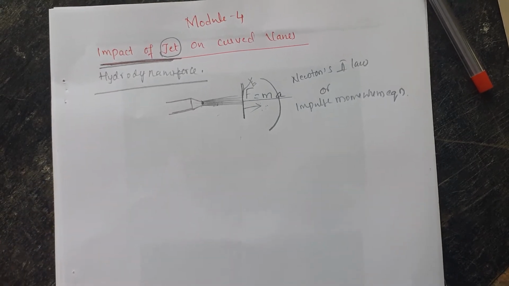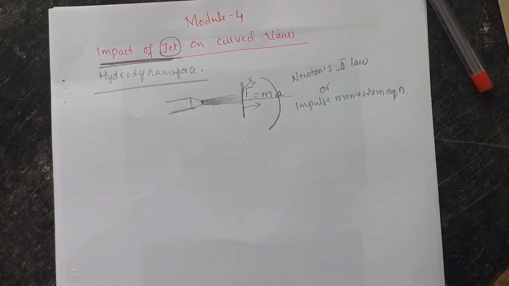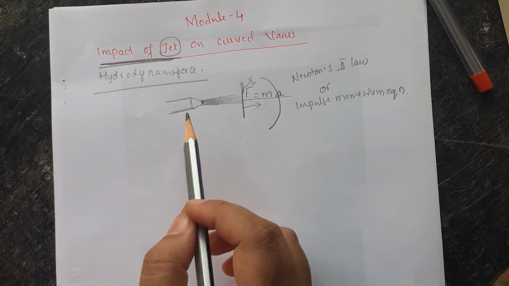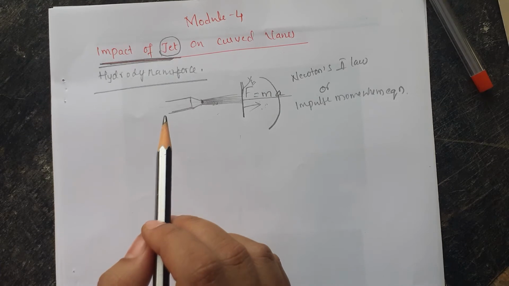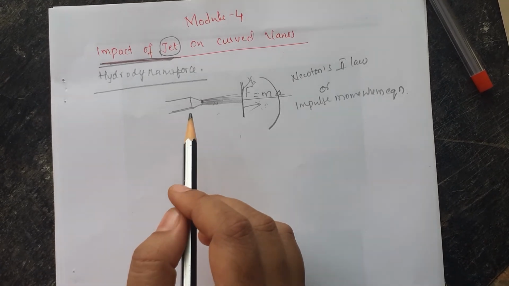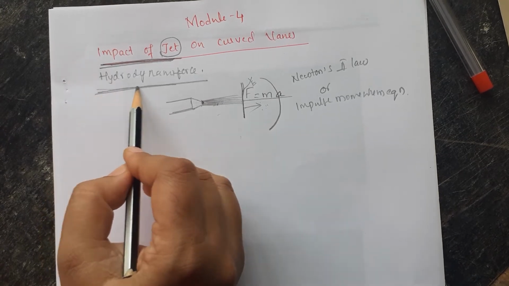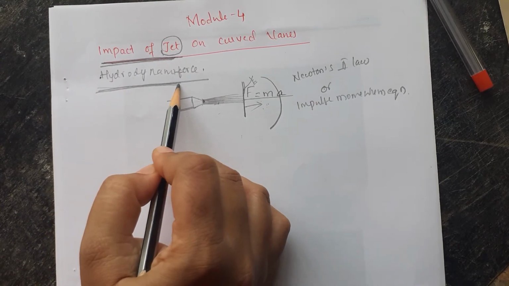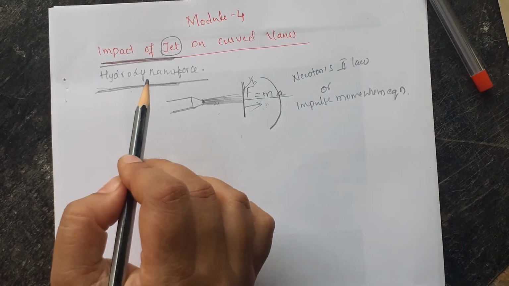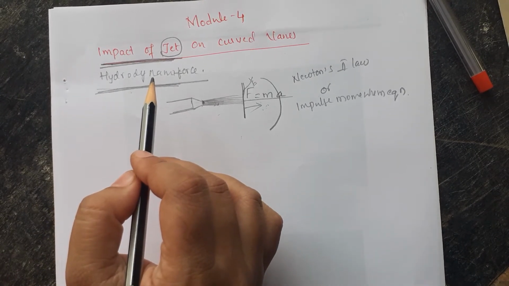The next consideration is that the momentum principle is used to calculate the hydrodynamic force of the jet on the vane. This principle is derived from Newton's second law of motion.